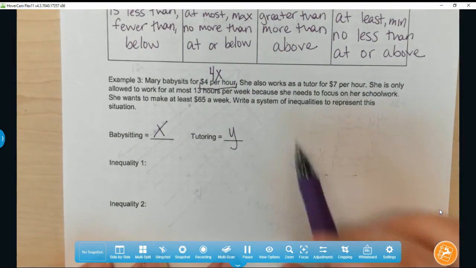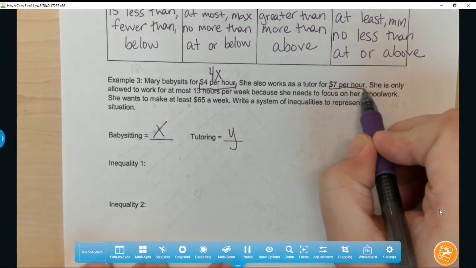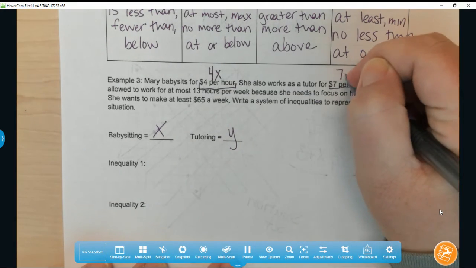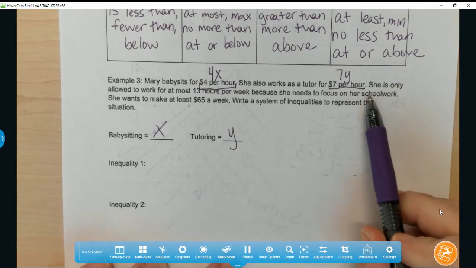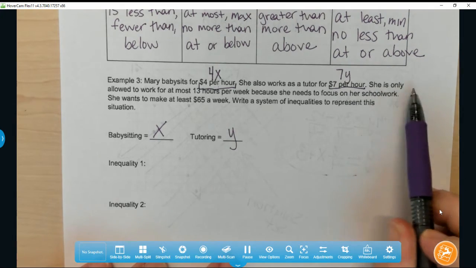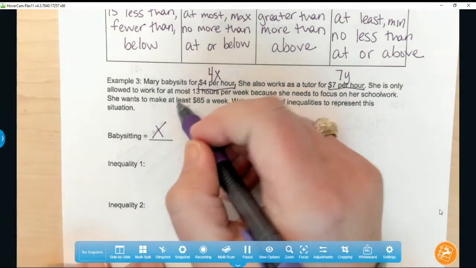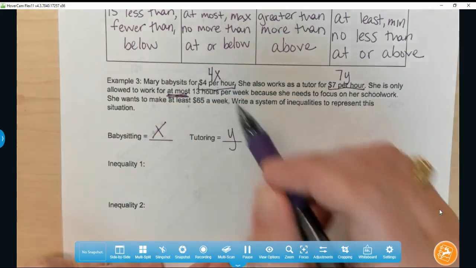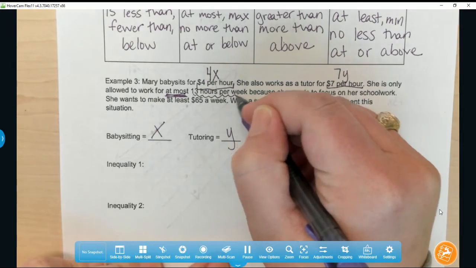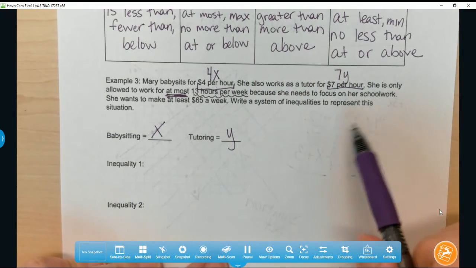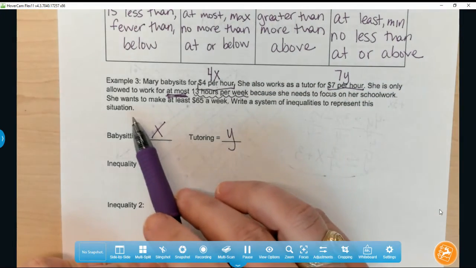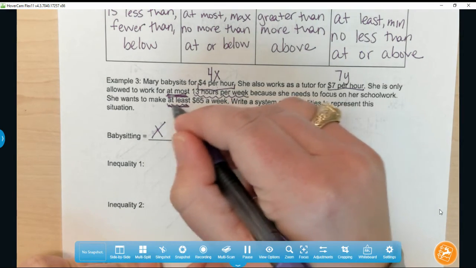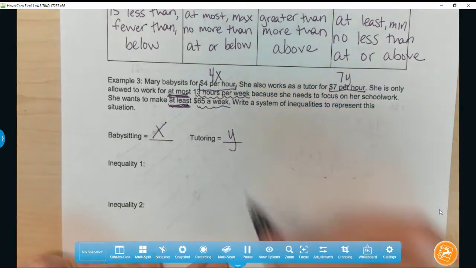She also works as a tutor for $7 per hour. Well, we defined tutoring as Y, so that would be 7Y. And then it goes on to say she is only allowed to work at most. That's going to give you your inequality to use, 13 per week, because she needs to focus on her schoolwork. She wants to make at least 65 per week.